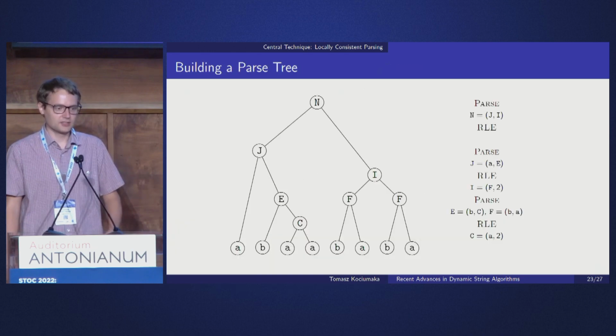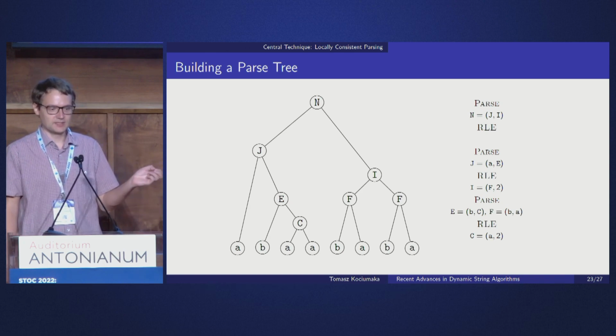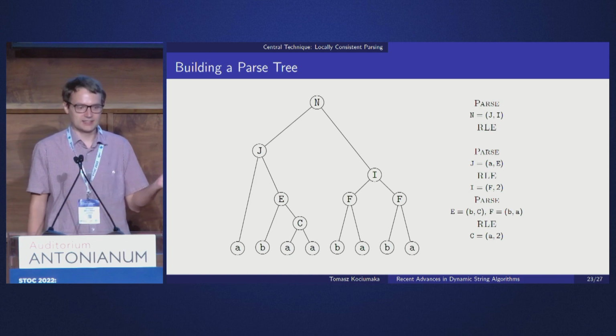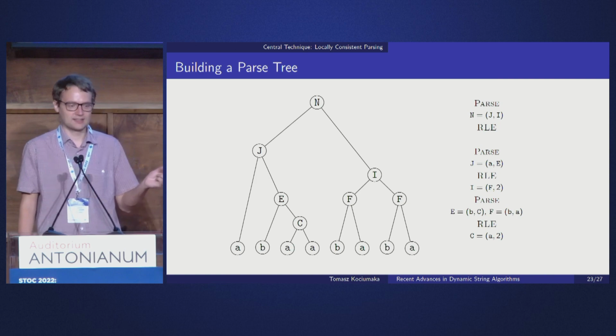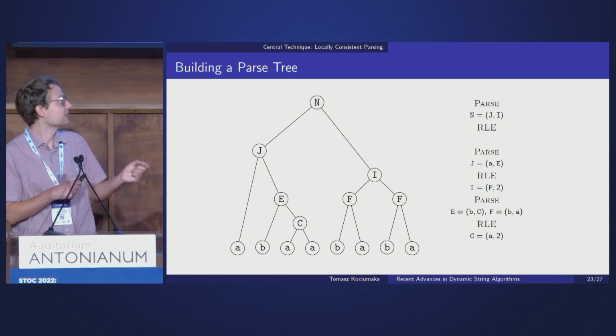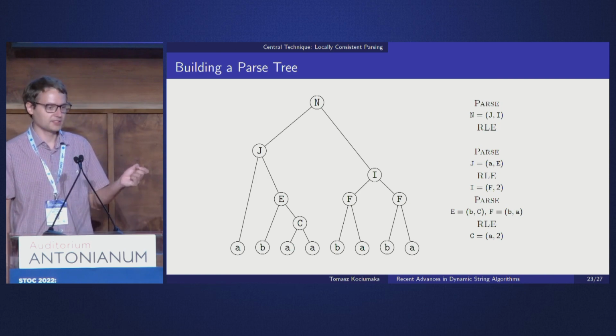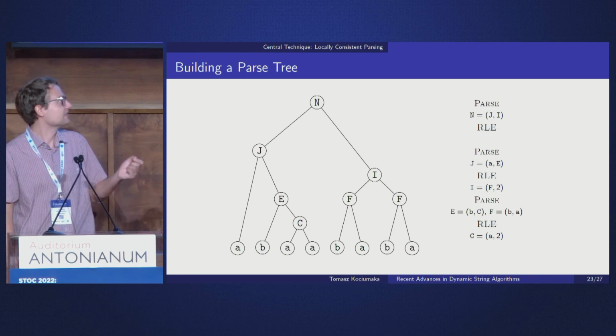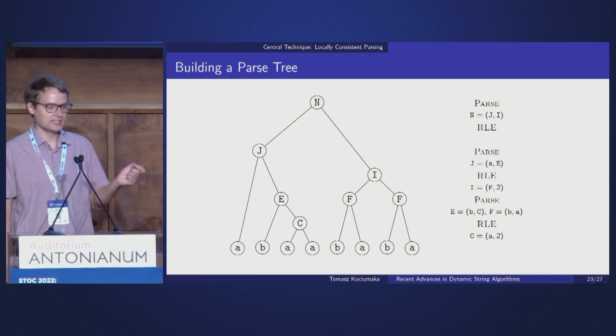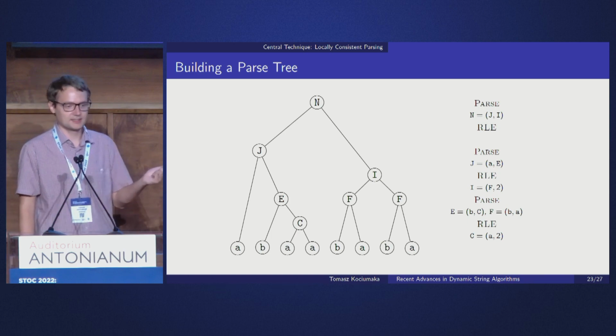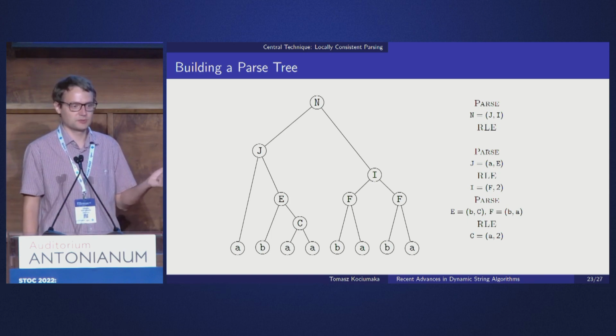So all the locally consistent parsing schemes are constructed in a bottom-up fashion. We start with the string, and then we parse it, alternating between run length encoding, which simply gathers matching adjacent characters, like these two A's gathered in a single symbol, which I labeled C. And then we have a parsing step, which distinguishes between various flavors of locally consistent parsing, and which tries to assign parents to some of the children.